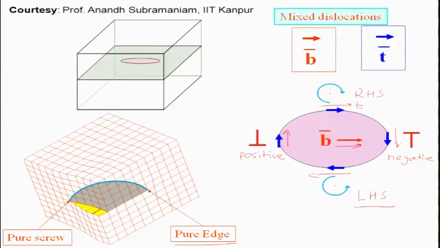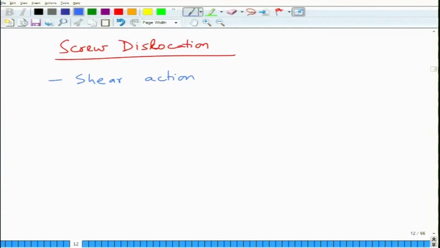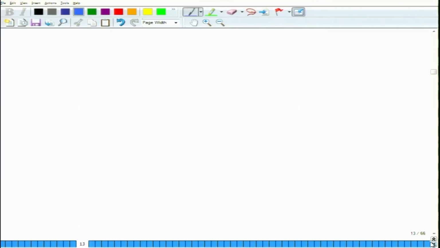Okay. So these are the dislocations in the materials which are called line dislocations, and they are characterized by a parameter called the Burgers vector, B. Basically it is related to lattice parameters.